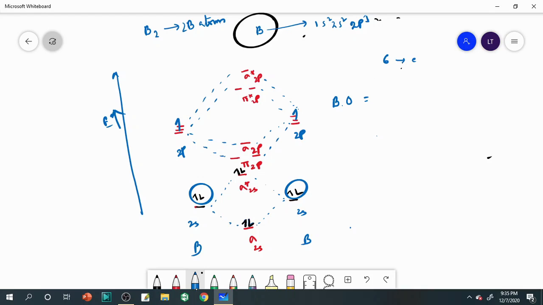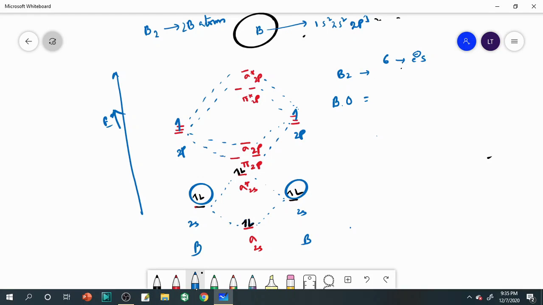Altogether there are 6 electrons, and our task is to put these 6 electrons in different molecular orbitals in the B2 molecule. So the electronic configuration of the B2 molecule will be like this.